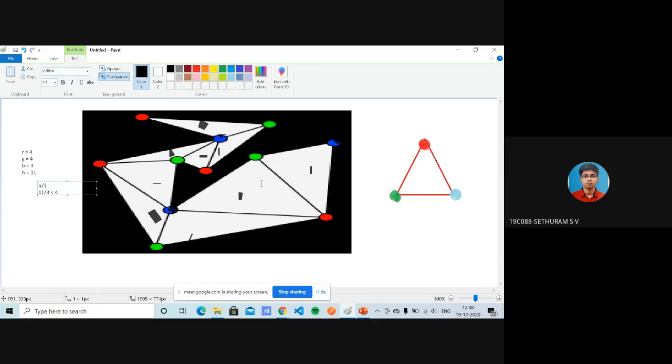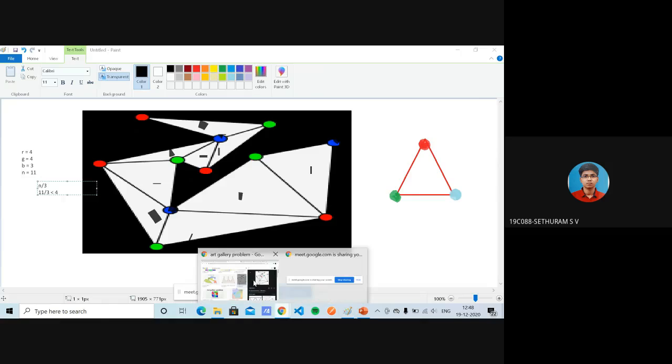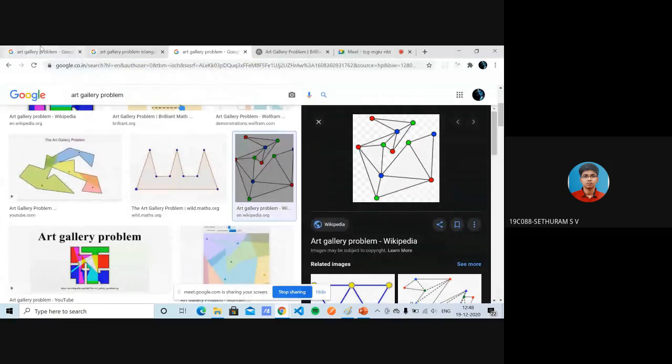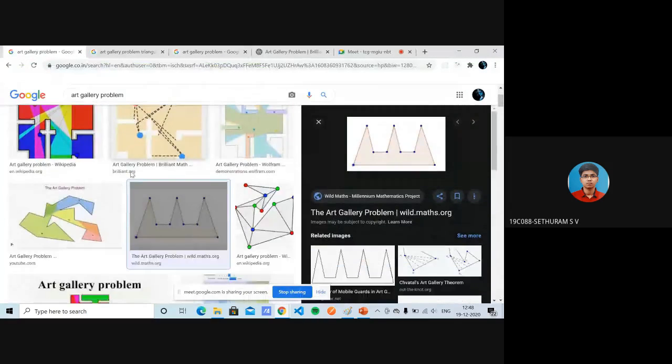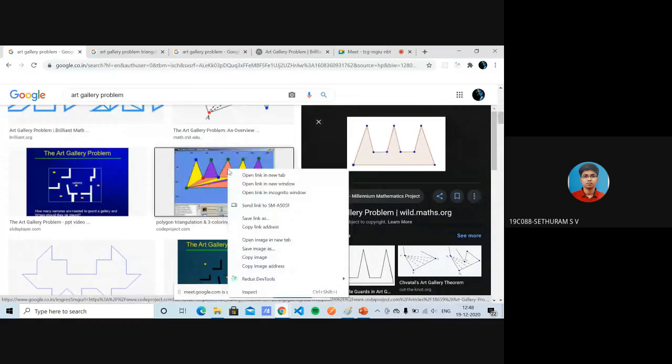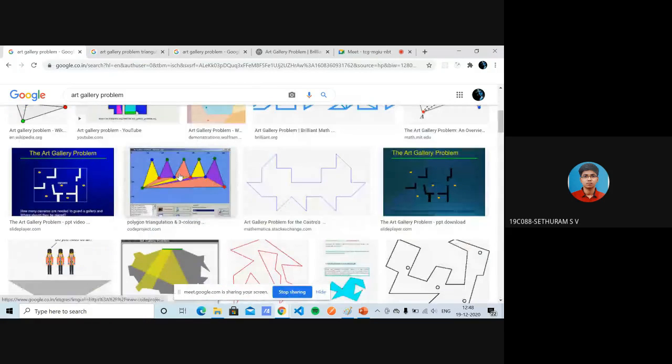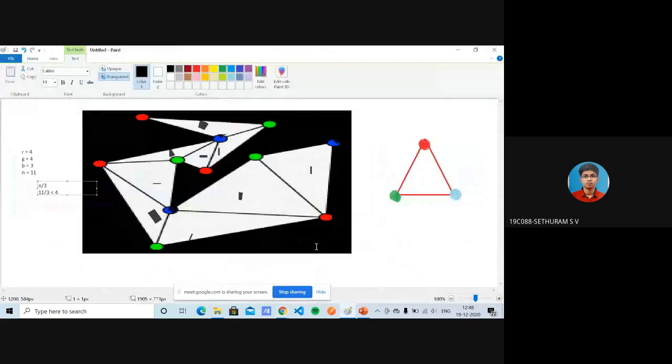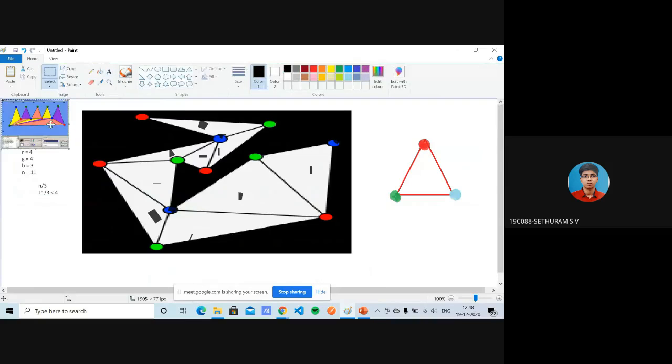Now you can ask me, this is true for this polygon, but will it be true for any other polygon? I'll even show you an image. As you can see, this proof is going to be true for any arbitrary polygon.